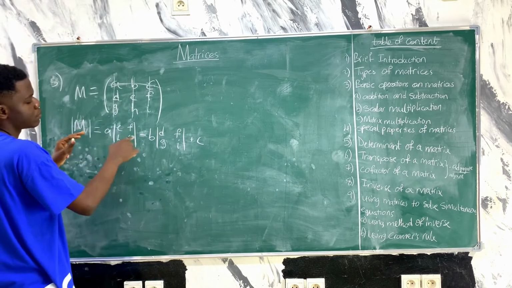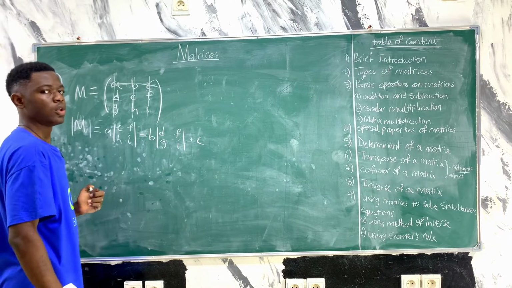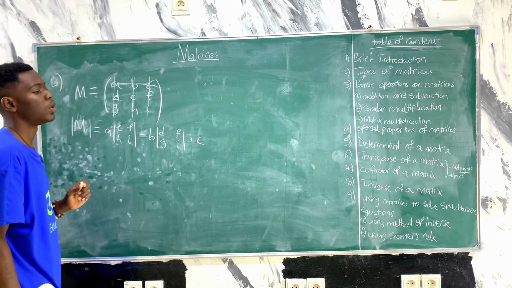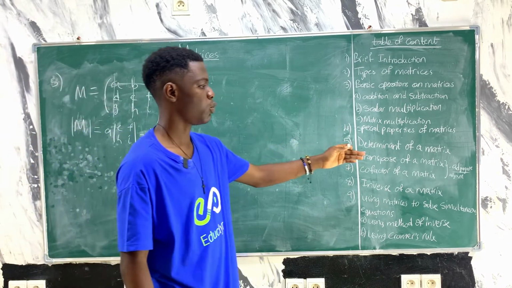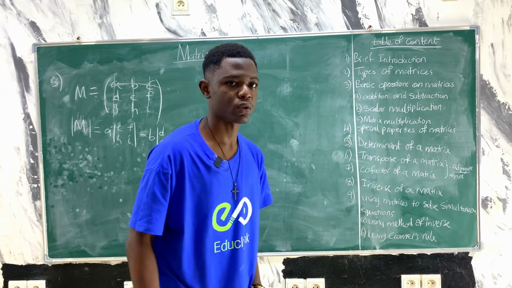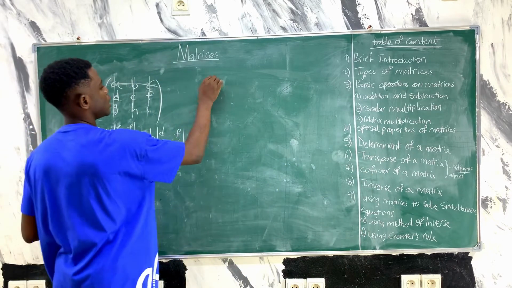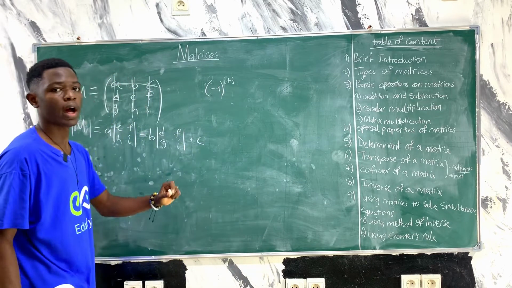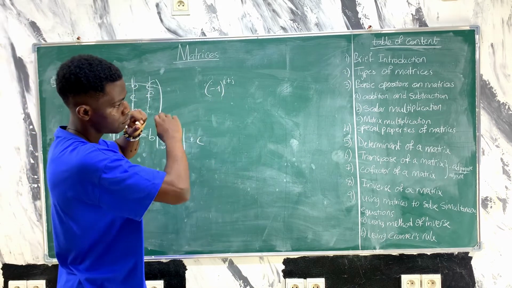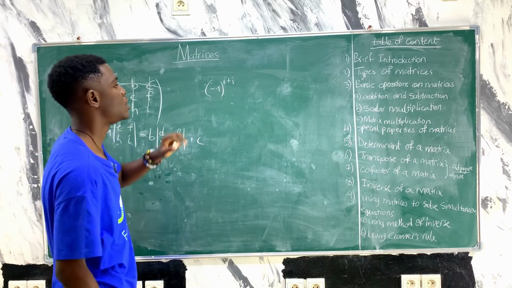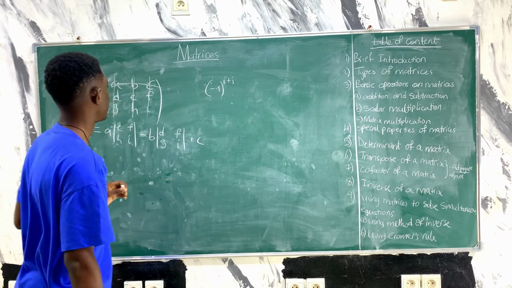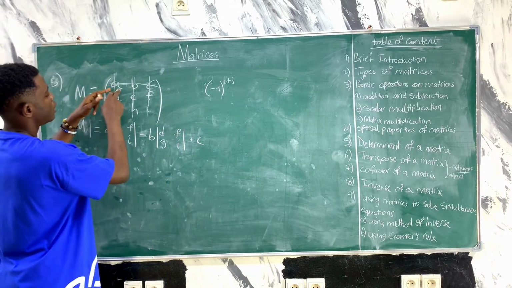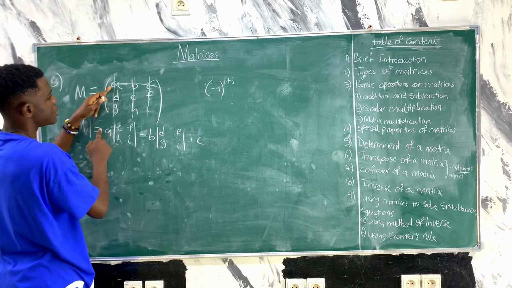This sign is always plus, minus, and plus. I'll show you how to get the sign when we do cofactors. For cofactors, the sign is -1 to the power I plus J, where I is the row position and J is the column position. So to know if the sign is positive or negative, you use a formula.